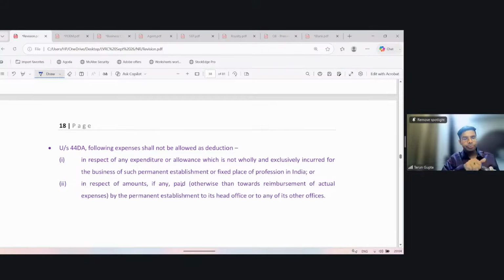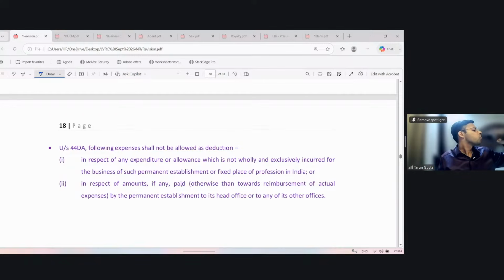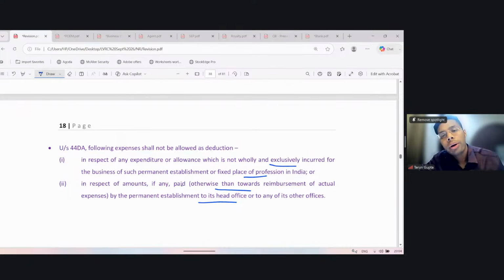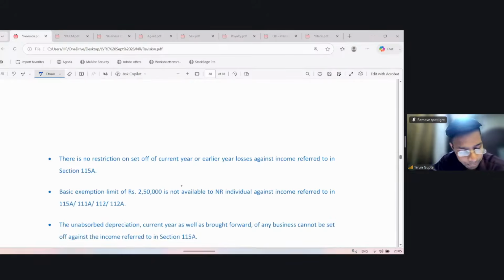First is, in respect of any expenditure or allowance which is not wholly and exclusively incurred for the business of such PE, or office, or place of profession in India, or in respect of any amount paid otherwise than towards reimbursement of actual expenses by the PE to the HO or to any of its other offices. Right? So if the expense is not incurred wholly and exclusively for royalty or FTS, such expense shall not be allowed.